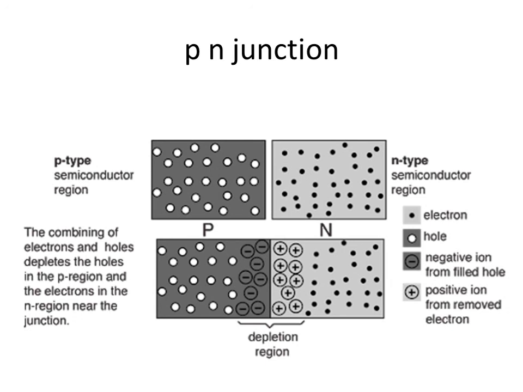It has charges, but those charges are ions and they are not capable of moving. So this region, which is shown within this curly arrow, contains charges which are not capable of moving, or we say that region is depleted of moving charges, and therefore that region is referred to as the depletion region.